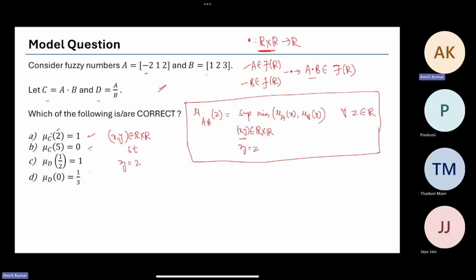Now, the first pair that comes into our mind is 2 comma 1 or 1 comma 2, right? So these are integer pairs. These are the first ones that come into our mind. We also have minus 2 comma minus 1, minus 1 comma minus 2, and so on. Now let us see if that can help us identify if option A is correct.